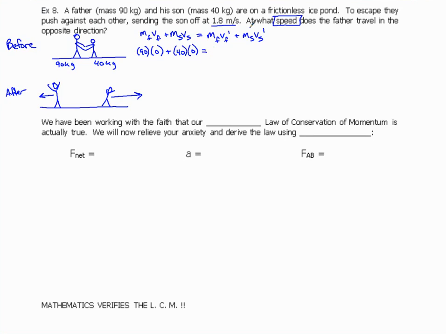The son is moving off at 1.8 meters per second. And so we are looking for the father's speed, x. So the mass of the father is still 90. New velocity is x. Mass of the son is still 40. New velocity, 1.8.